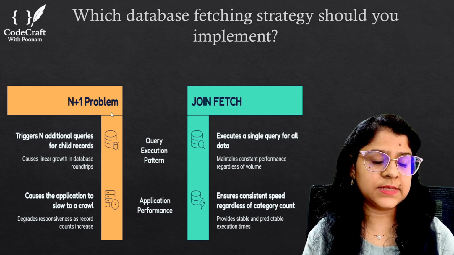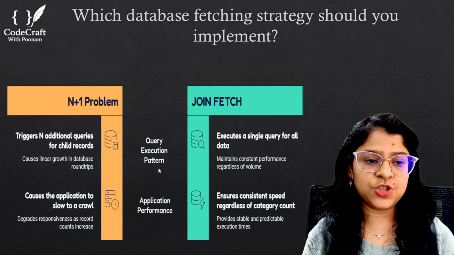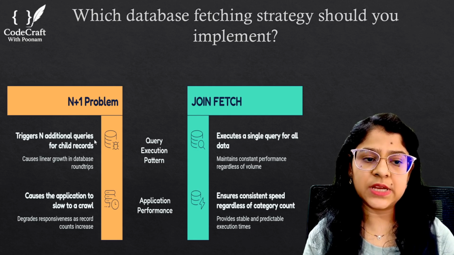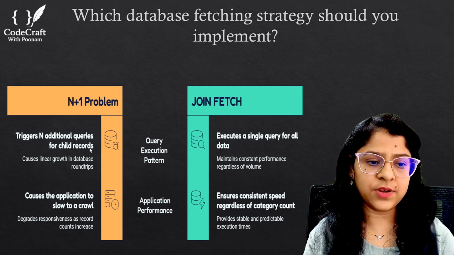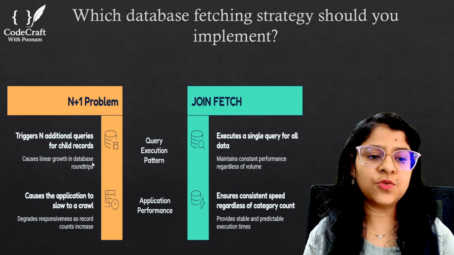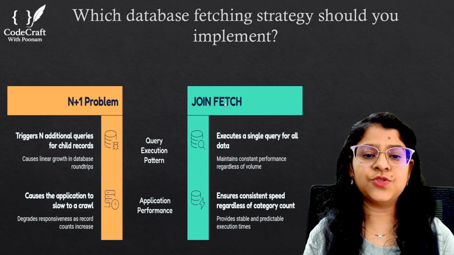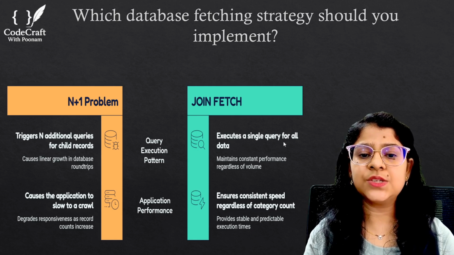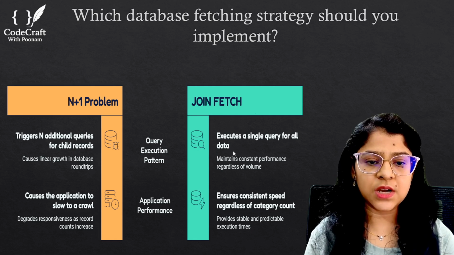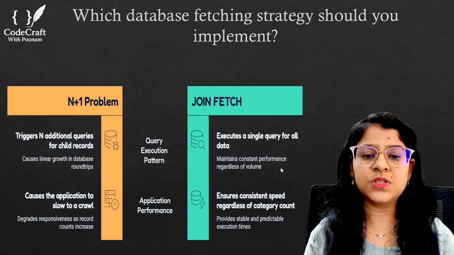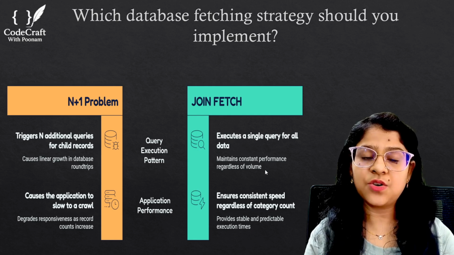So here, let's see the query execution pattern. With n plus 1, it triggers additional queries for child records, so it causes linear growth in database round trips. If you use join fetch, it executes a single query for all the data, so it maintains constant performance regardless of volume.